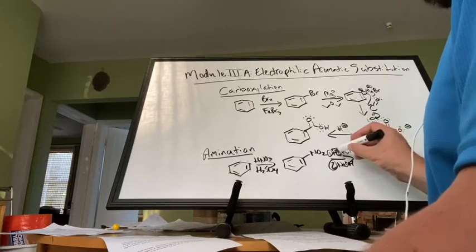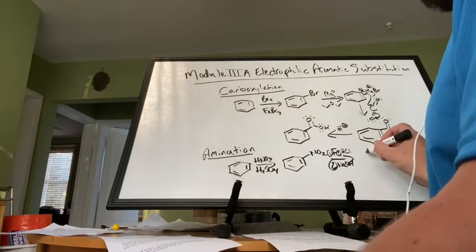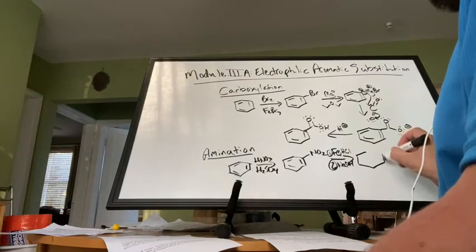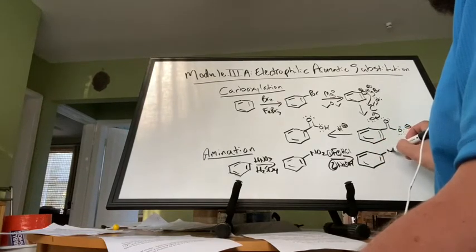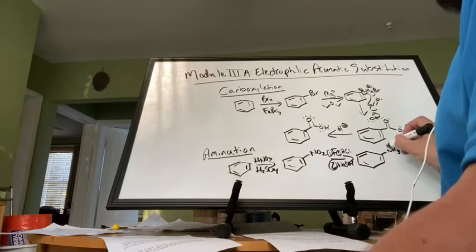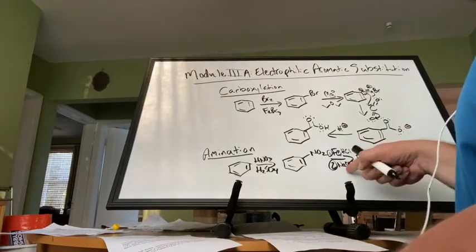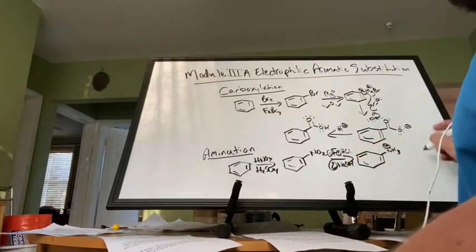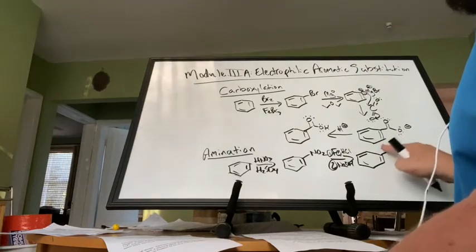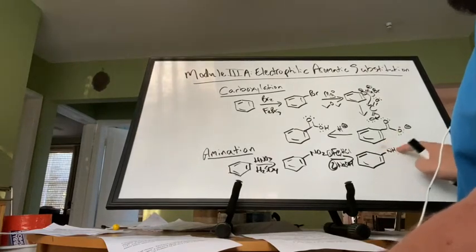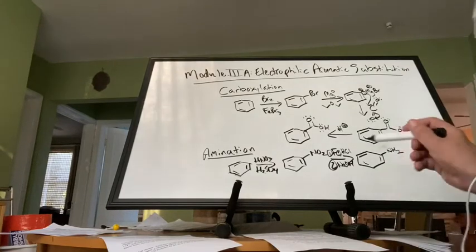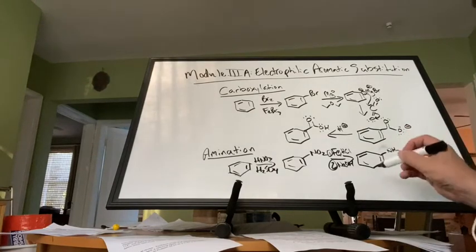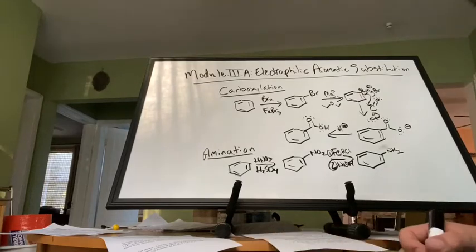So in other words, from the first step, you would get something like this, right? And then NaOH would remove that proton, and then you would just have your organic product, which is going to, in this case, be what is referred to as aniline commercially.